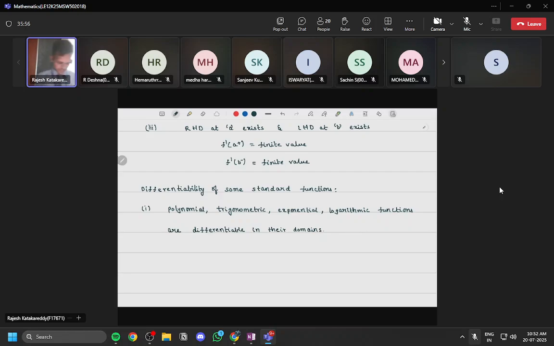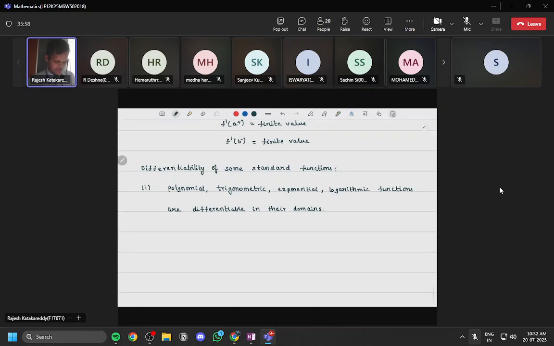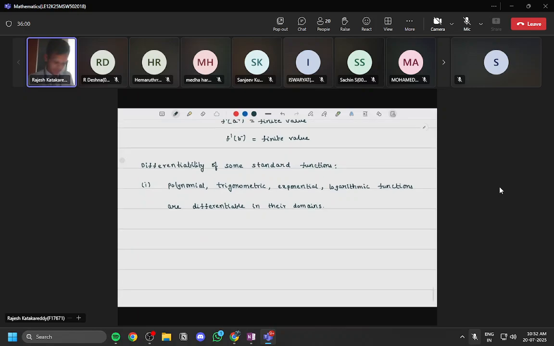Inverse trigonometric I didn't include, because sin inverse x and cos inverse x are non-differentiable at the endpoints of the interval, at 1 and -1. Again, secant inverse x and cosecant inverse x are also non-differentiable at endpoints. If you know the derivative of sin inverse x, you will understand what I am saying.